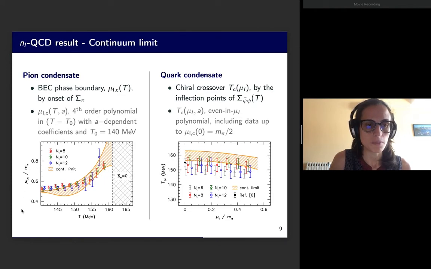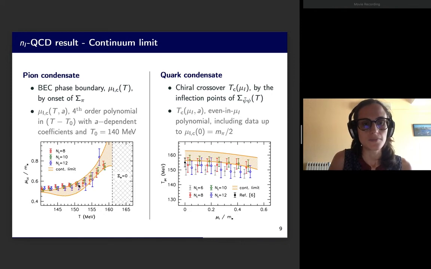For example, in a plot where you have the temperature this time on the x-axis and the critical value of the isospin chemical potential divided by m pi on the y-axis. And basically, if the temperature is large enough, the pion condensate is always 0. Otherwise, at some values of the chemical potential, there is an onset from sigma pi equal to 0 to sigma pi different from 0.